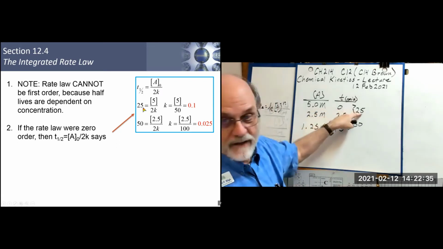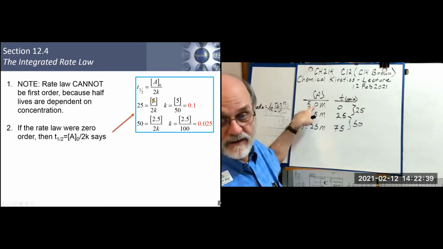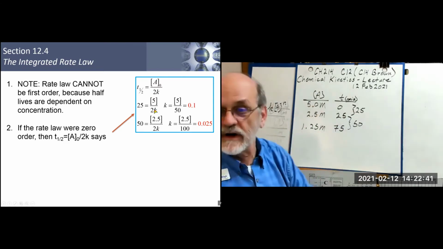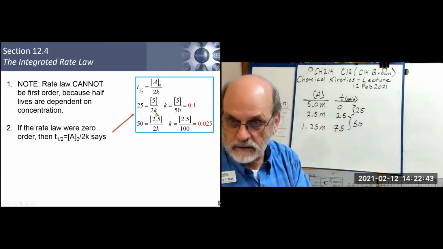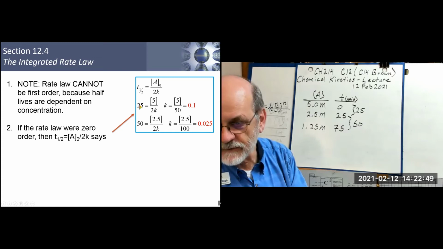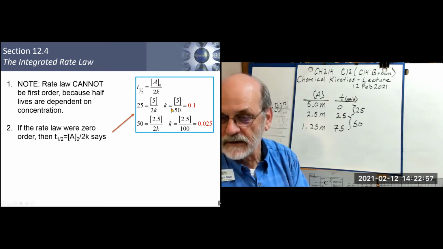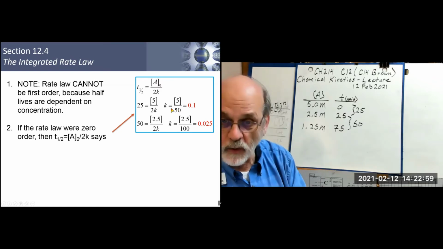So 25, starting at initial concentration 5, leaves us with K unknown. Right? One unknown. We solve for K. Right? So we take 2 over here to make 50. And then we take K over there and put the 50 back. That's what we did over here. 5 divided by 50 is 0.1. So in this case, K would be 0.1.